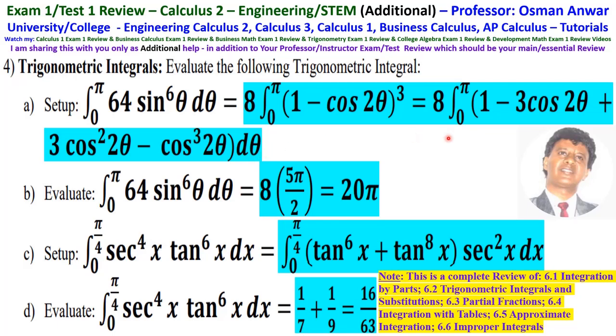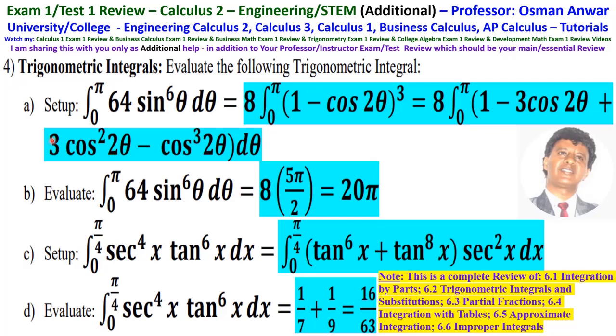Now the integration of 1 is theta, the integration of minus 3 cosine 2 theta is minus 3 sine 2 theta over 2, plus the integration of 3 cosine squared 2 theta, which we're going to rewrite as 3 times 1 over 2 times 1 plus cosine 4 theta.